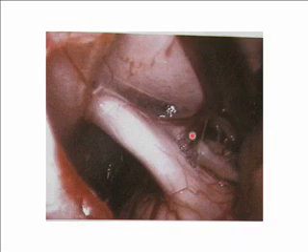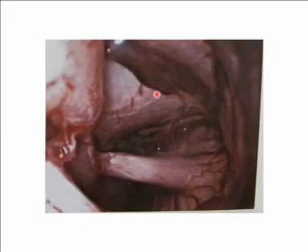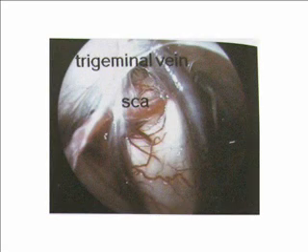So this is the problem. This aberrant vein is causing the trigeminal neuralgia in this case. So Professor Magnan has coagulated this aberrant vein and removed the compression over the fibers of the origin of the trigeminal nerve.